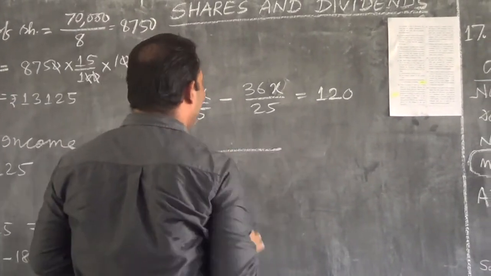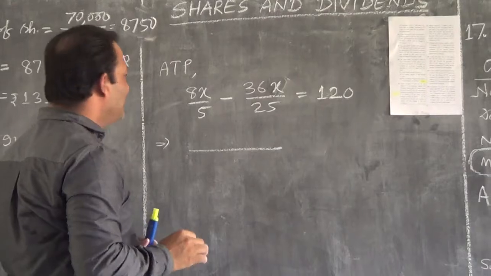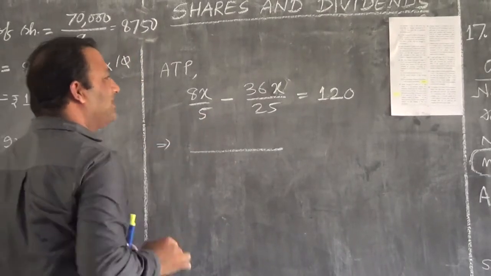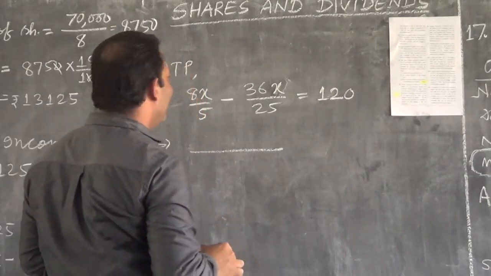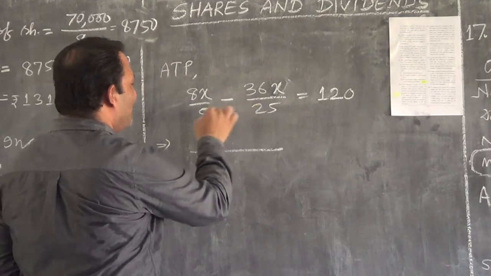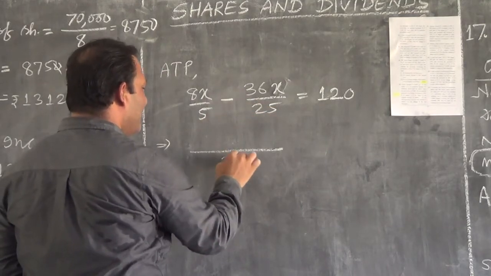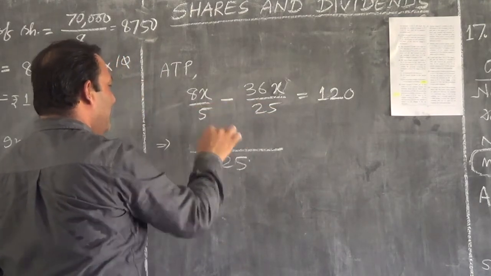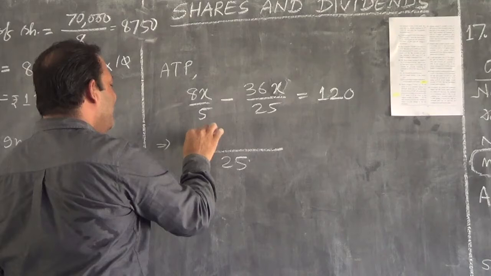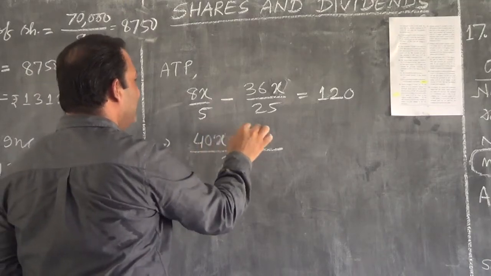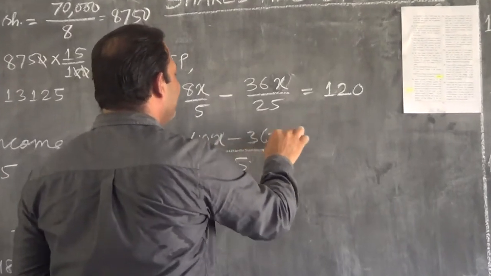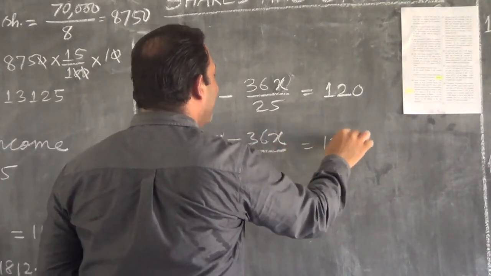It was a foolish decision. So here we have nothing to do with whether he is foolish or wise. Our aim is to get the answer and to get the marks. So 5 and 25, LCM 25. 5 5s are 25, 5 into 8 is 40x minus 36x equals 120.